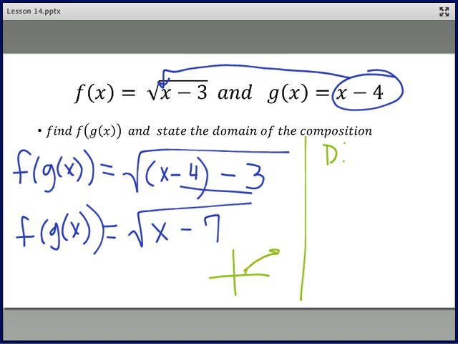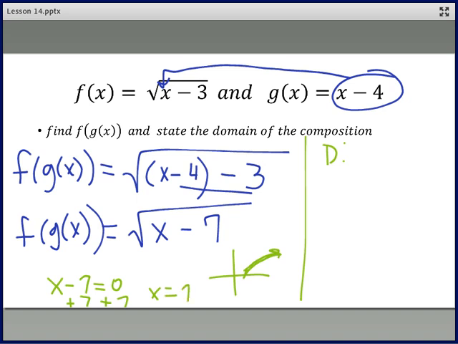Again, state the domain. Now this one has a problem here because we have a radical. If you were to look at the graph, you will notice that it looks like a single half of a parabola. If you were to graph it, that means there are going to be some limits to what x can be.